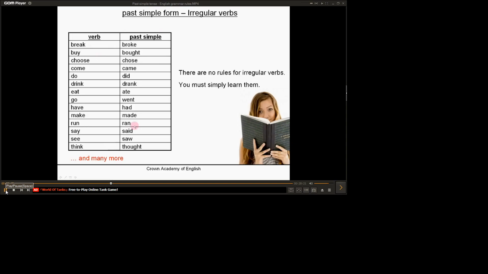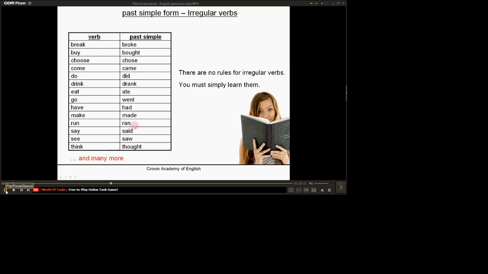Okay? Baik, di sini yang irregular atau tidak beraturan. Tadi yang sederhananya adalah yang beraturan, tambah d atau ed di ujungnya. Tapi yang ini tidak beraturan. Tadi sudah dicontohkan dari verb biasa ini: buy, do, come, eat, go, make, say, see, dan semuanya ini dan banyak lagi.